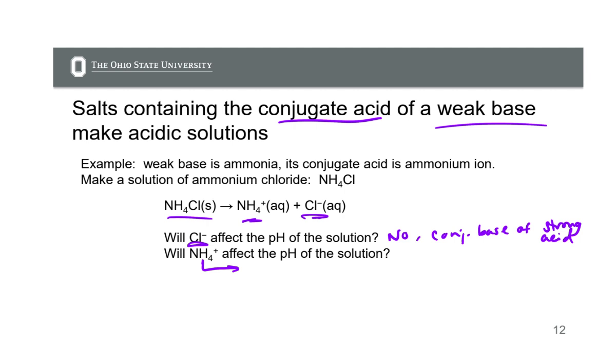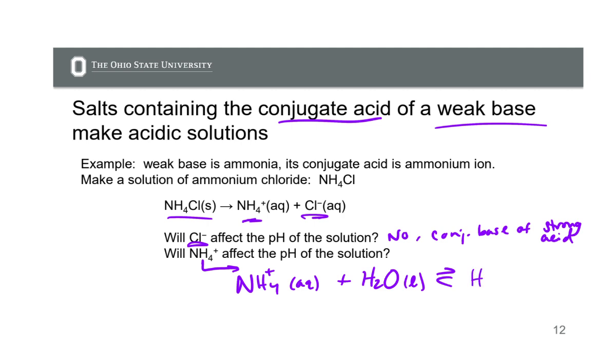Okay, so when we put ammonium into water, okay. Oh, forgot my plus. Now what we can have happen is that a proton from ammonium can be added to the H2O.